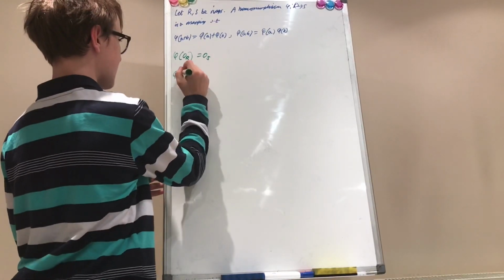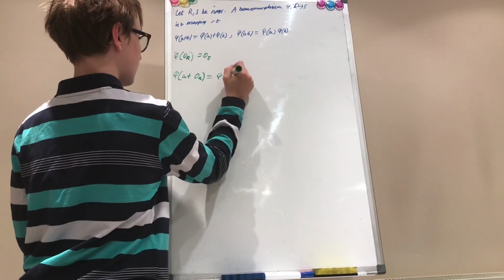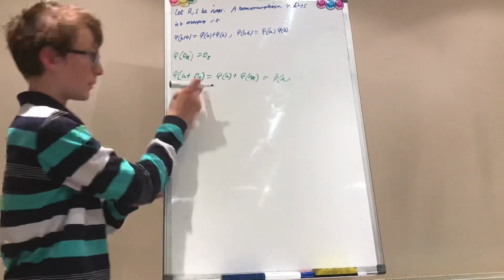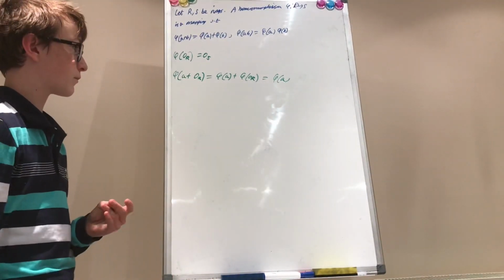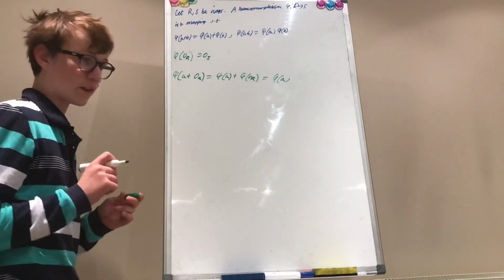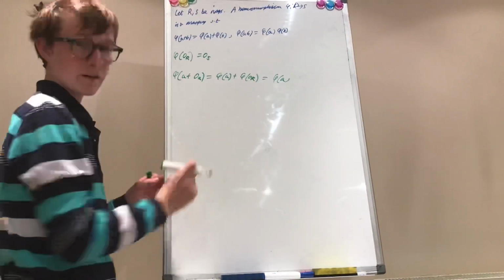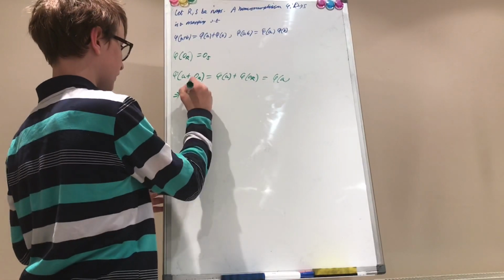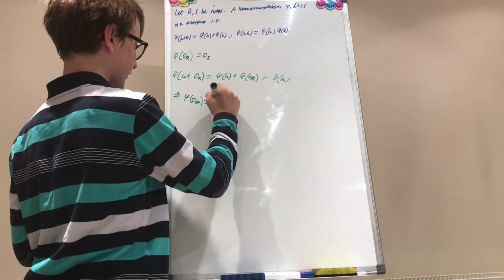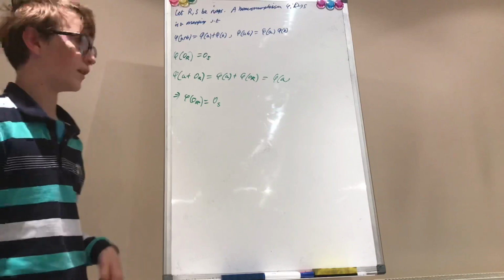Well, we have phi of A plus the identity in R equal to phi of A plus phi of the identity in R, which is equal to phi of A, because this is just equal to A. Now, using this fact, by cancellation, by the existence of inverses, this means that phi of the identity in R is equal to the identity in S. Because we can easily just add negative phi of A on both sides, and there we go.